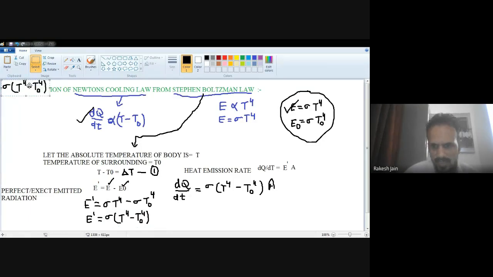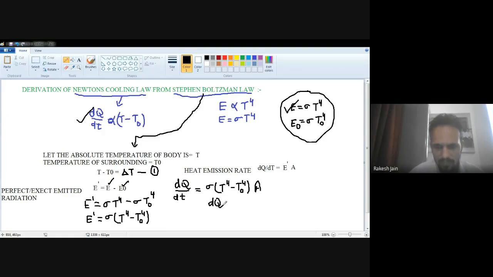So this heat emission rate is equal to sigma A times T raised to the power 4 minus T0 raised to the power 4.